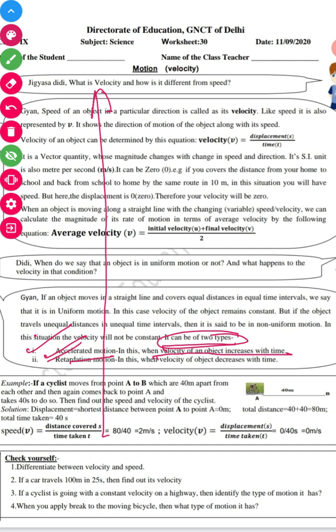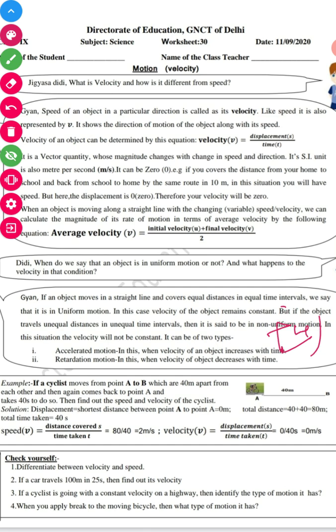And when the velocity of an object decreases with time, it is called retardation or negative acceleration. Acceleration has a positive value, and retardation is negative, right?